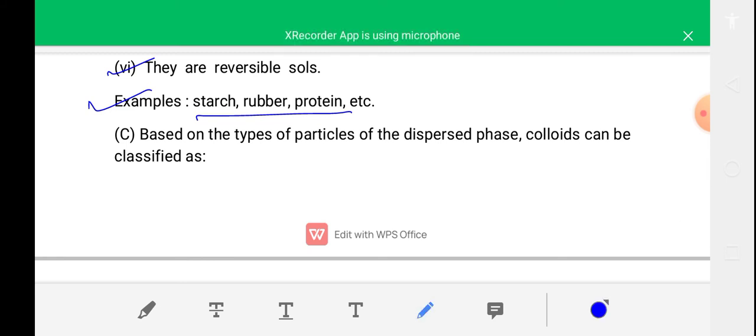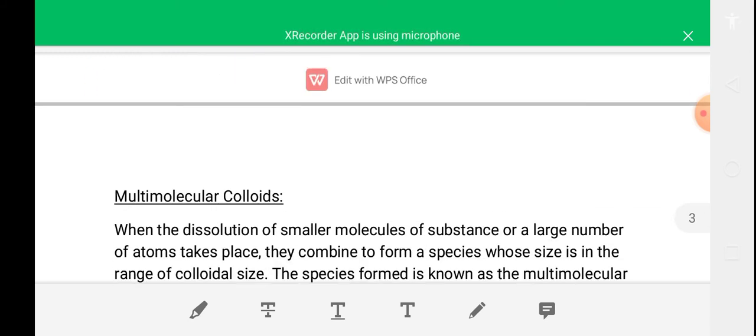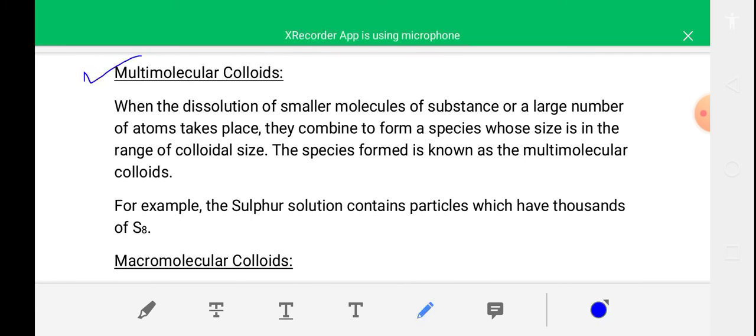Now see the third type of classification of colloids, based on the types of particles of the dispersed phase. Colloids can be classified into three classes. The first type is multimolecular colloids.